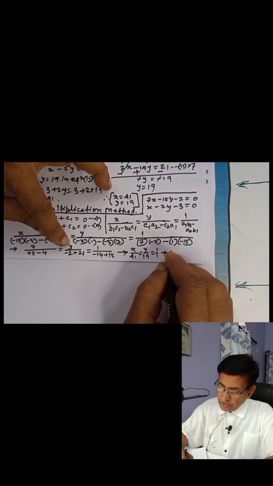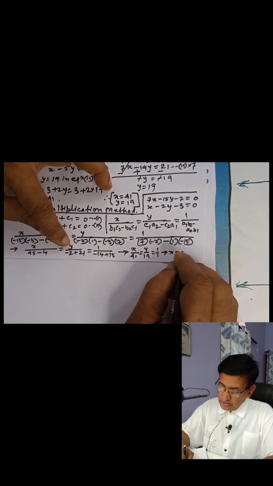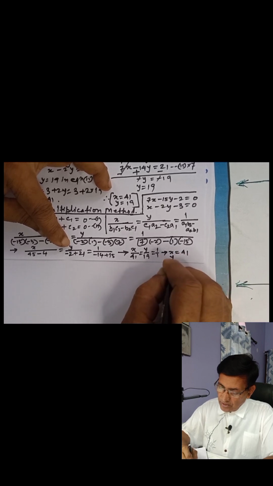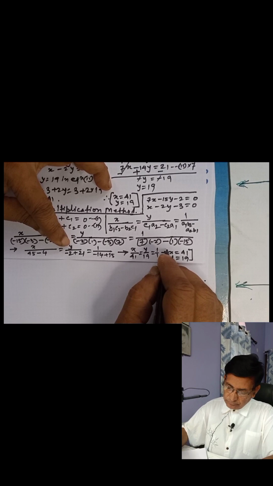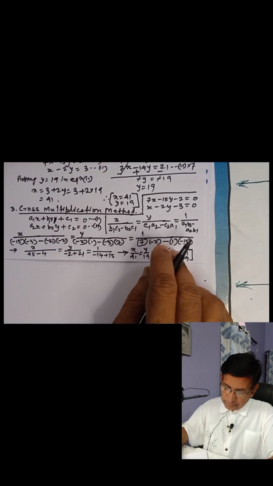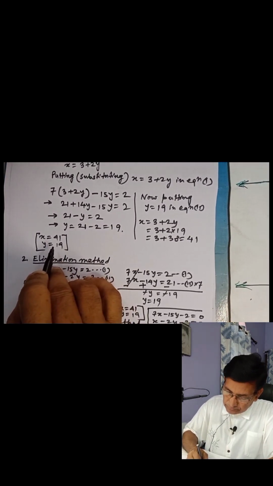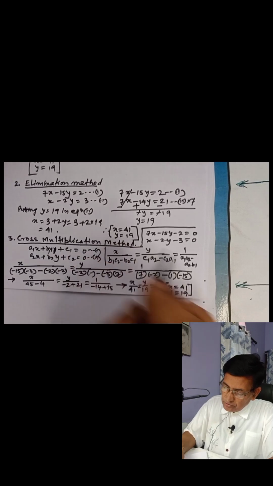From here we will get x is equal to 41, y is equal to 19, the same result as we got in the substitution method and elimination method.